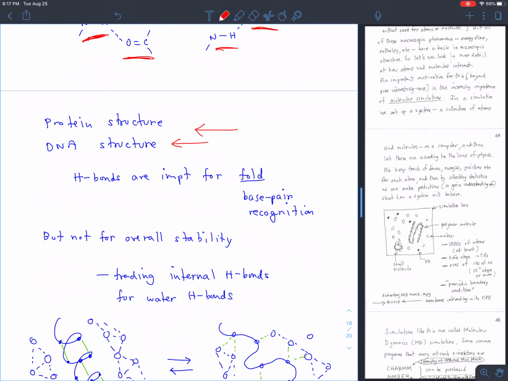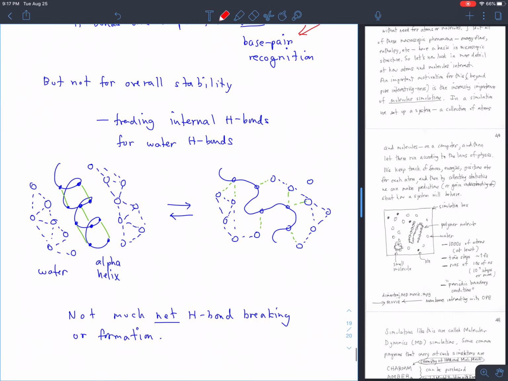And it's right to focus on those things because they do play an important role. But the role they play is in determining the structure of the protein, the way the protein folds up, for example, or the base pairing structure in a DNA. But the hydrogen bonds aren't really holding the molecule together.